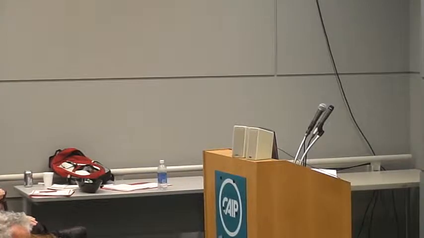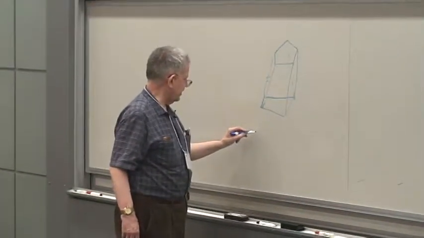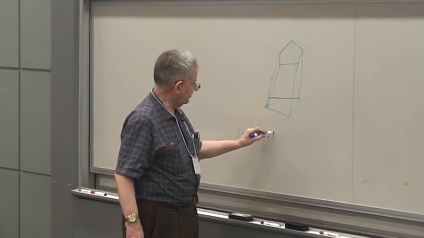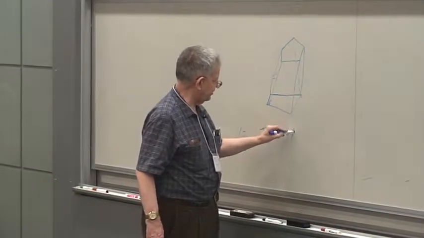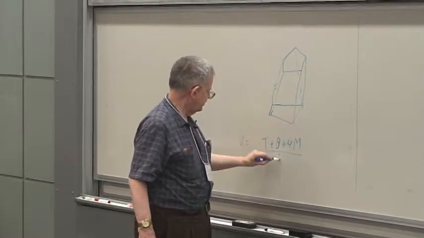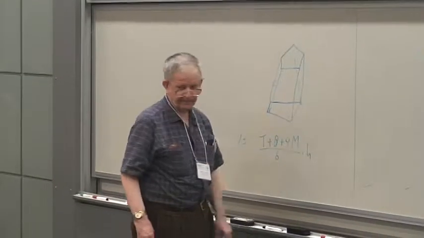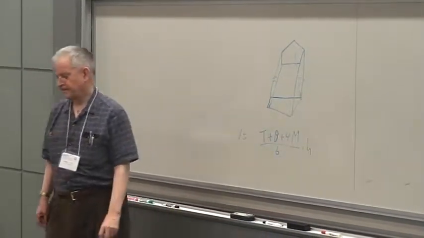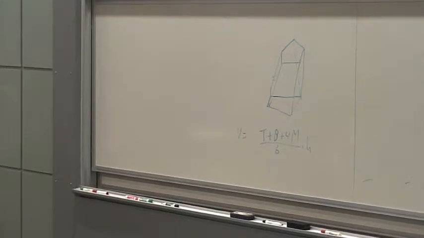You can find the volume of this by passing a plane halfway up. And you have the area of the top, the area of the bottom, 4 times the area of the midsection, divided by 6 times the height. It's called the prismoidal formula.